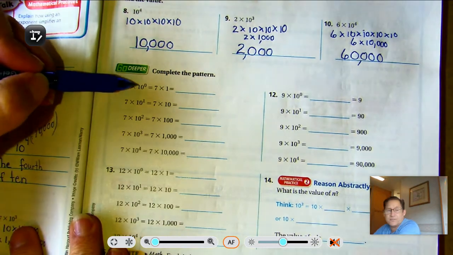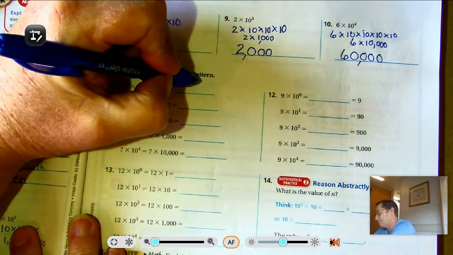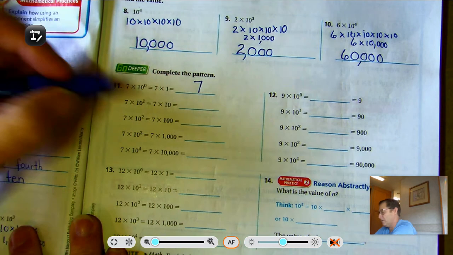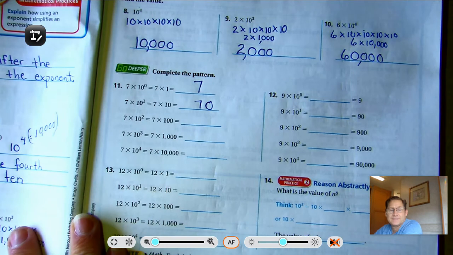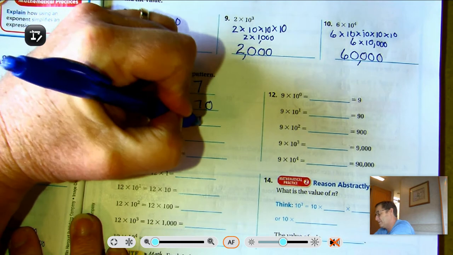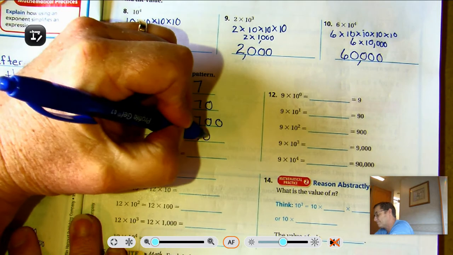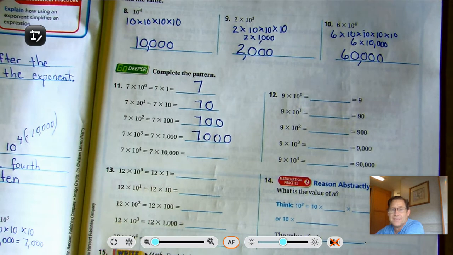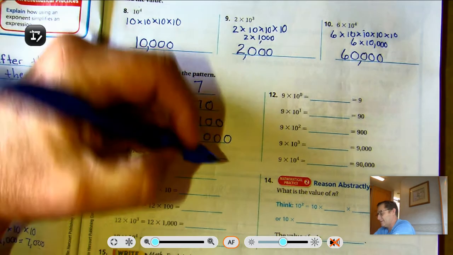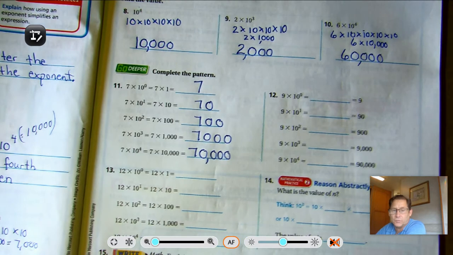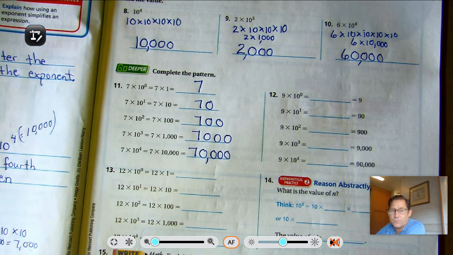So 7 times the 0 power of 10 is just 7 times 1. 7 times the first power of 10, we're going to have 7 followed by 1 zero. 7 times the second power of 10, or 7 times 100, so it would be the whole number followed by 2 zeros. 7 times 10 to the third, 7,000. 7 times 10 to the fourth, it would be 7 followed by 4 zeros, because 10 to the fourth is 10,000.